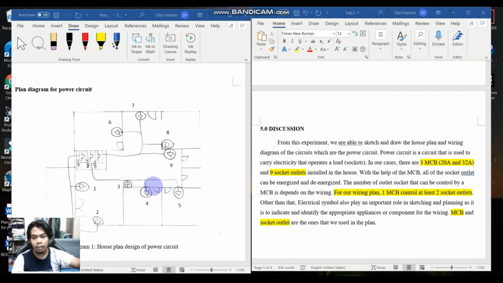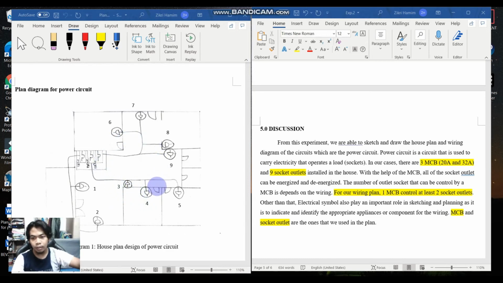Lastly is the electrical symbol. Electrical symbols play an important role in sketching and planning, as they identify and indicate the electrical appliances and components installed in house plans.